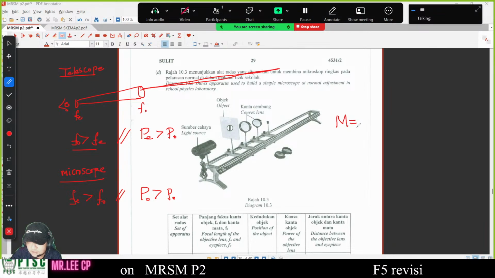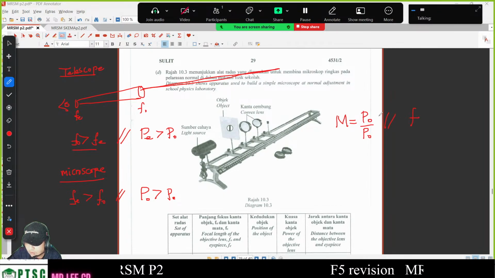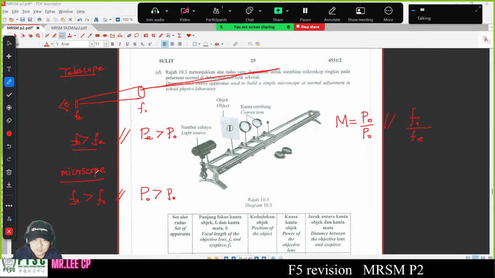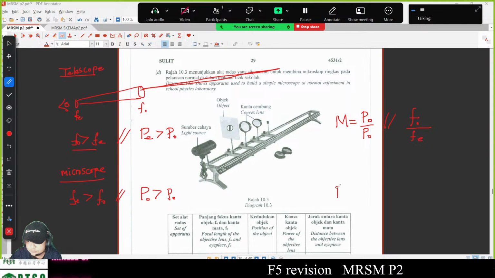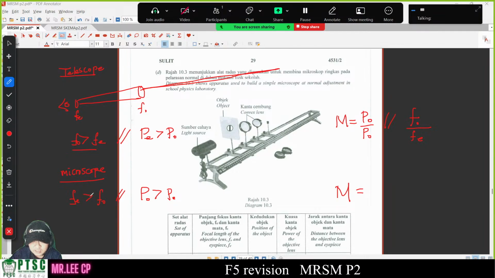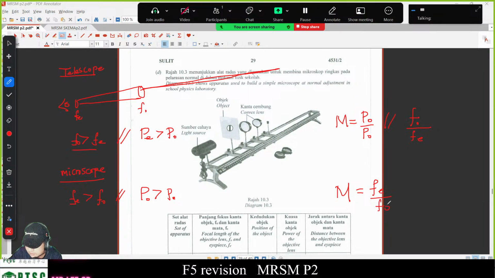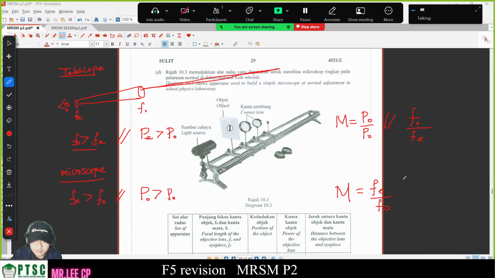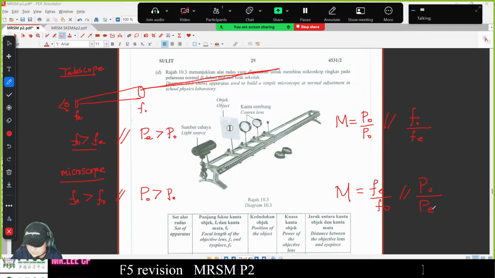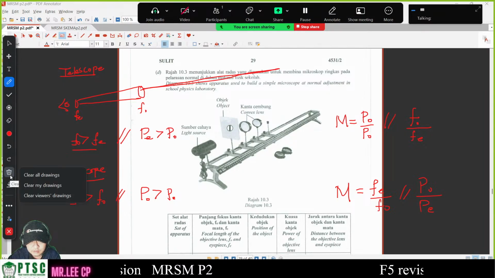For the telescope it is PE over PO, or FO over FE. For the microscope, the magnification is big over small: FE over FO, the reverse of this one, or PO over PE. Okay, I hope you still remember.